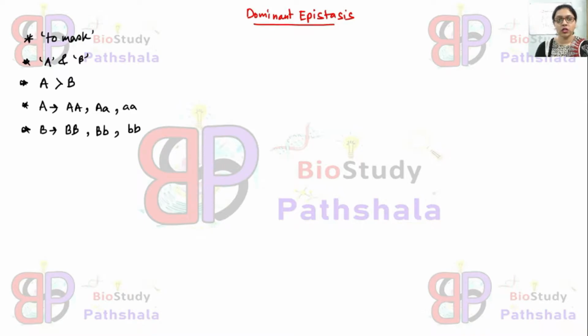So I have told that A is epistatic over B gene, that means A is showing its dominant or suppression expression on B gene, but it is dominant epistasis.